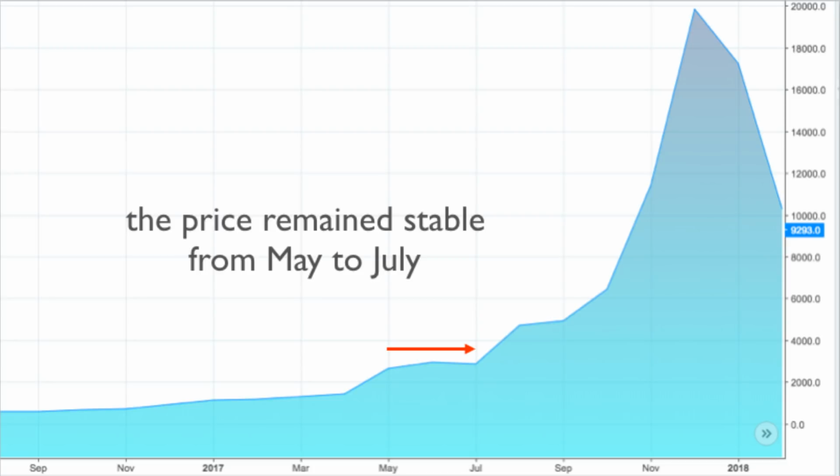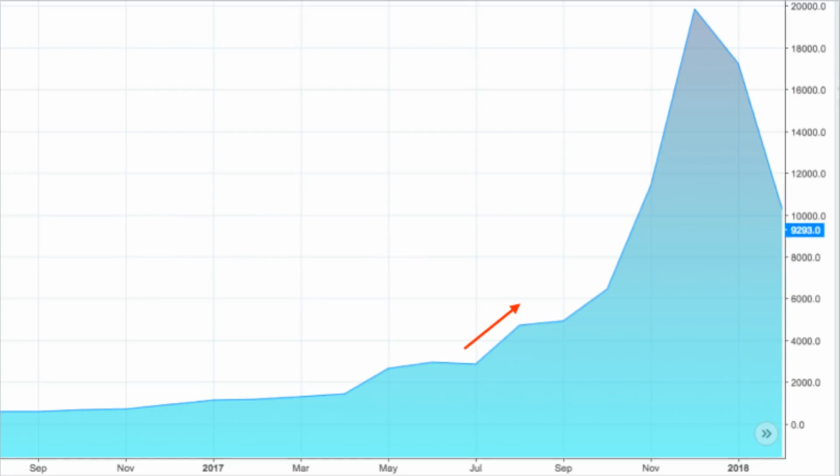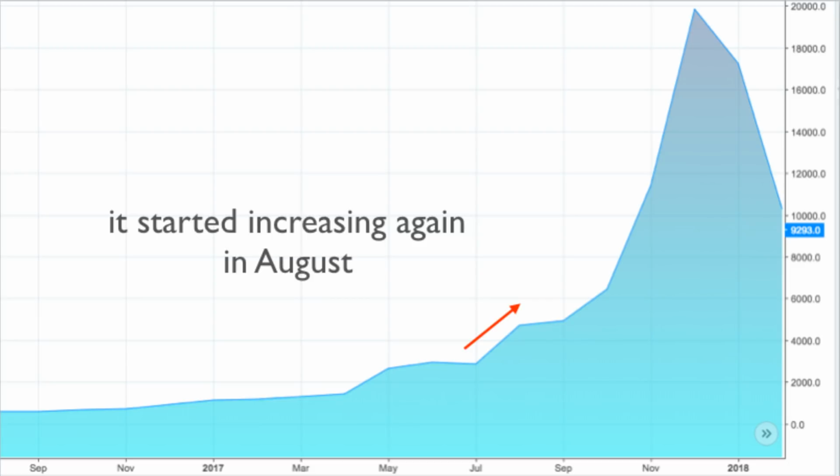The next one is a great one, okay? Look at this arrow now. So it rose steadily, then it remained stable, and then it started increasing again in August. And I like this one because we're talking about something that is happening again. So this is a little bit more advanced.